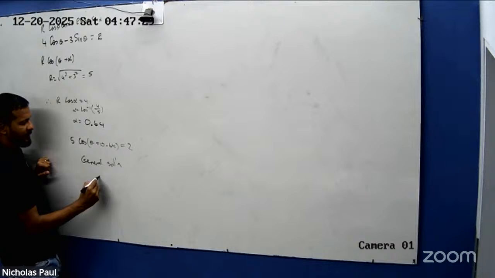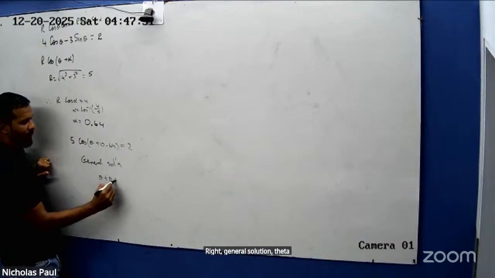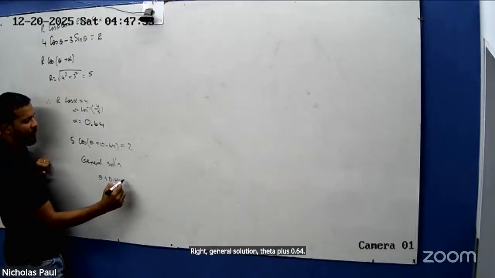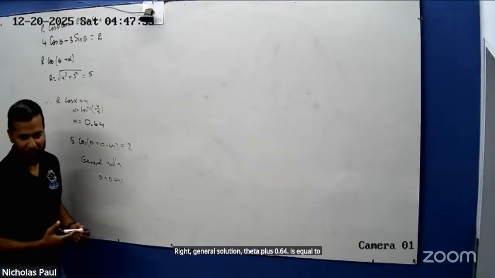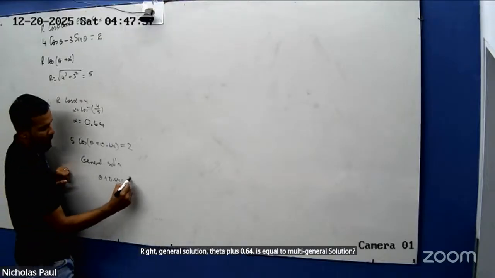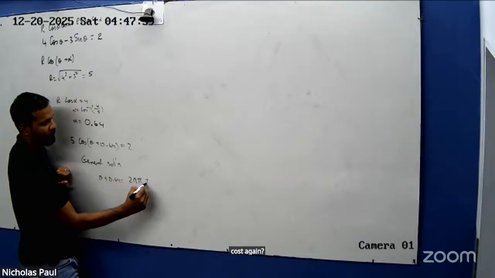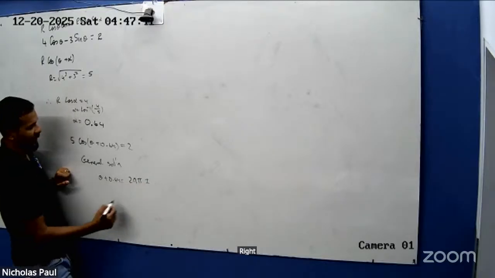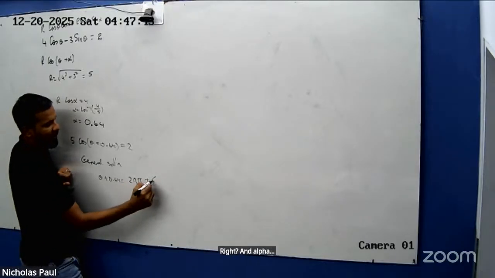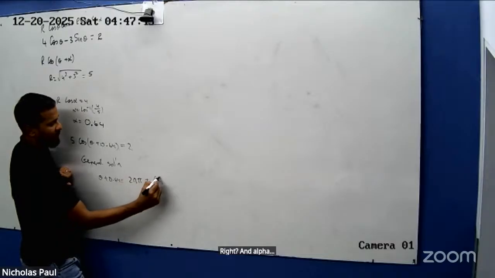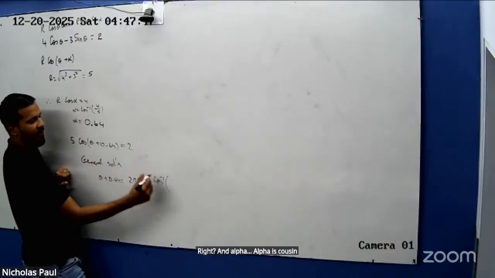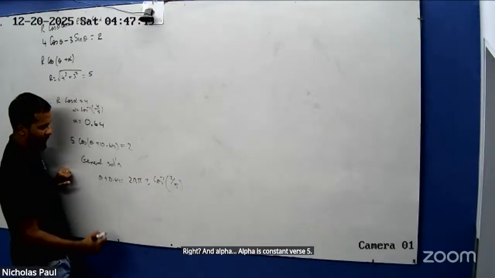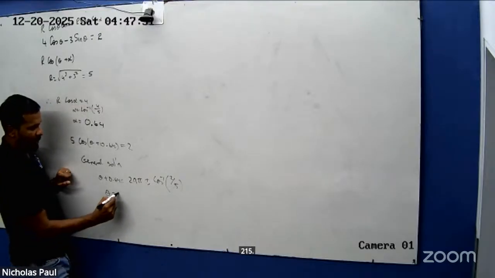Right, general solution, theta plus 0.64 is equal to, what's the general solution for cos again? And alpha is cos inverse 2 over 5.